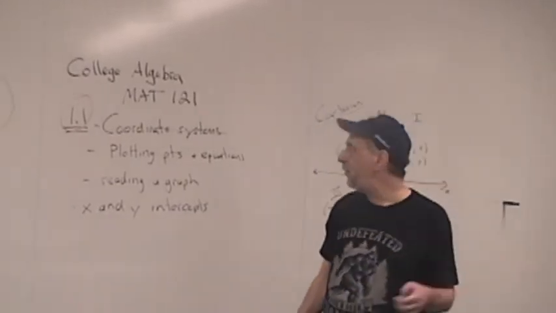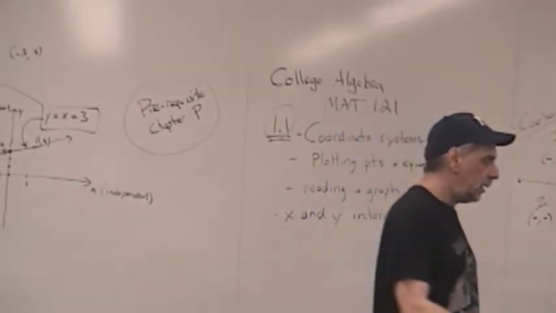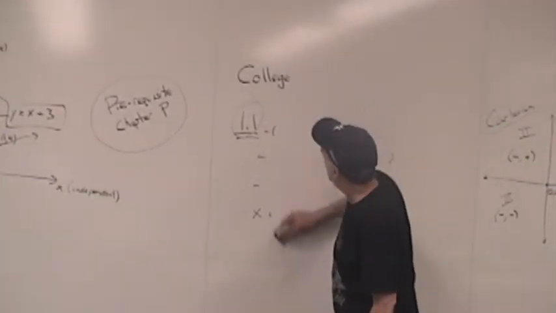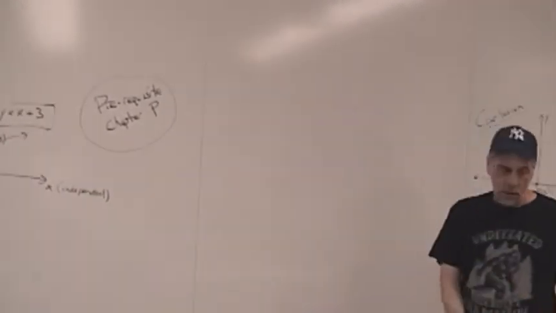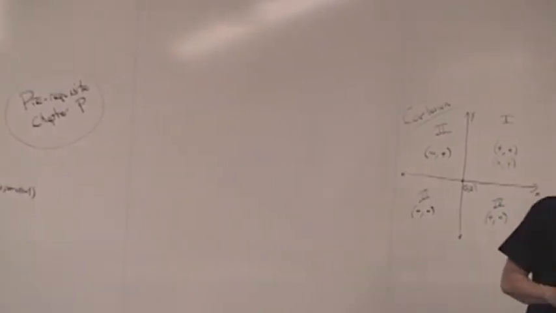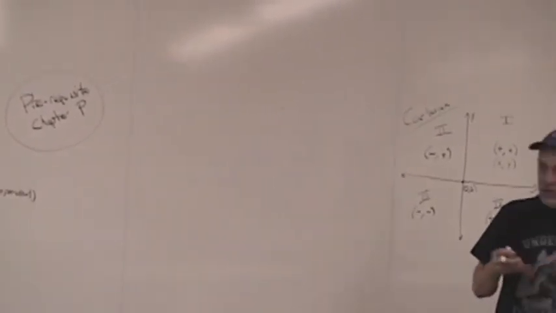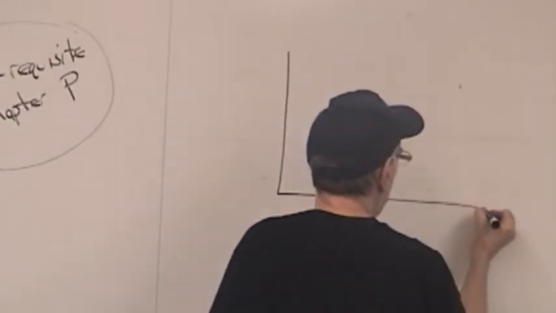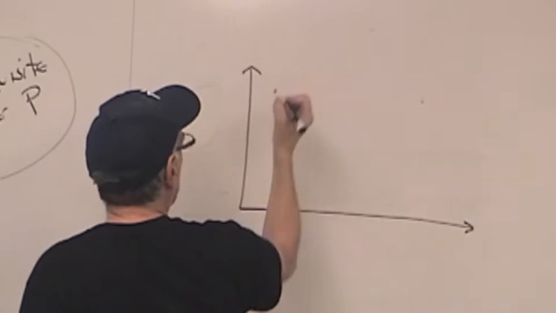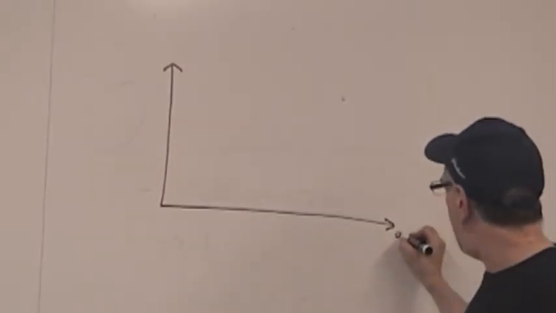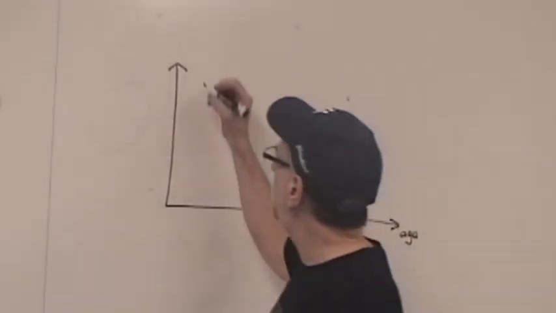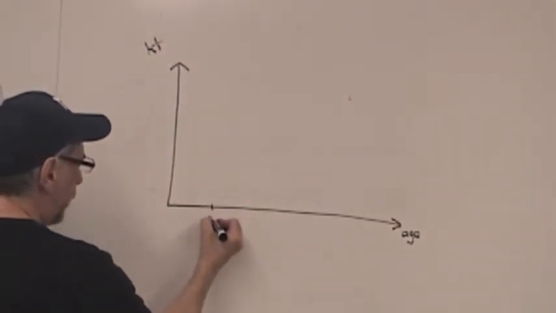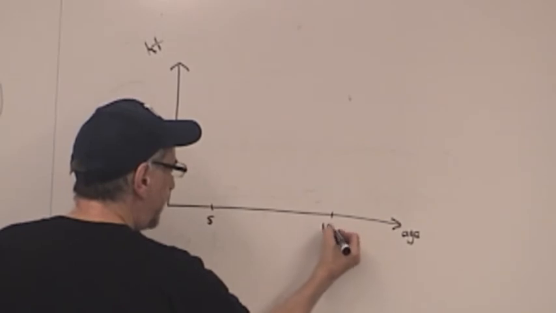So reading a graph, let's look at something here. Reading a graph is just being able to look at a graph that's given. Let's say you're given this graph here, and you're told this is age on this axis and height on this axis. And let's go from age 5 to 15.